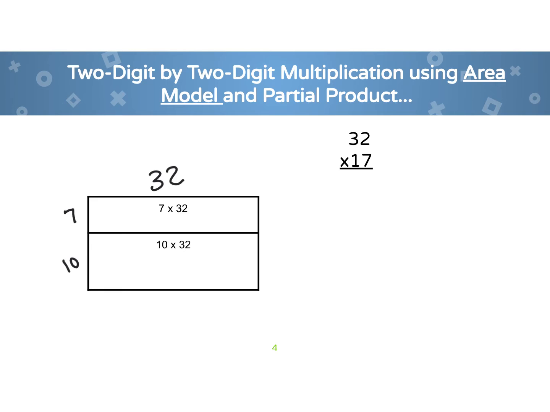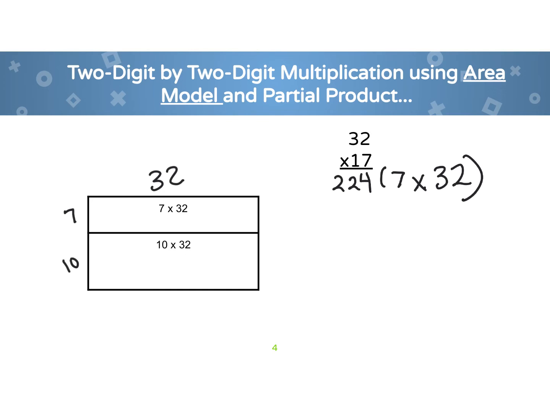Okay, just like on my area model over here, I'm going to come over to my equation, and my first partial product is going to be 7 times 32. So what is 7 times 32? Take a few minutes and figure that out. Okay, I have 224.